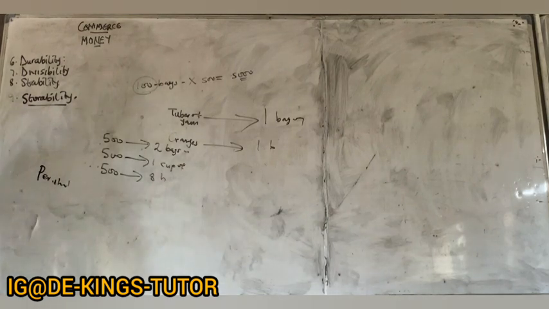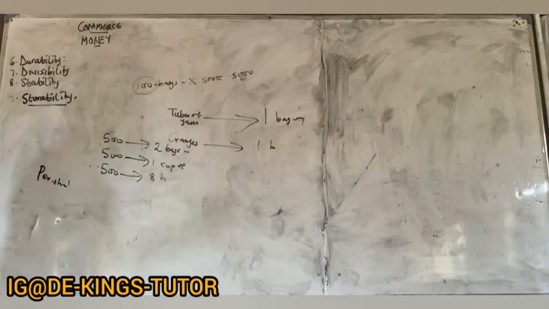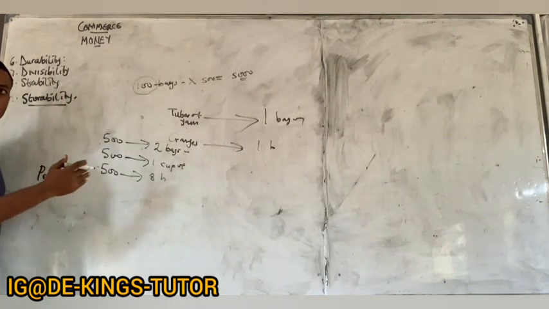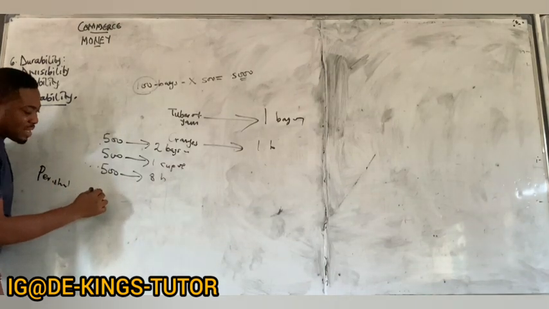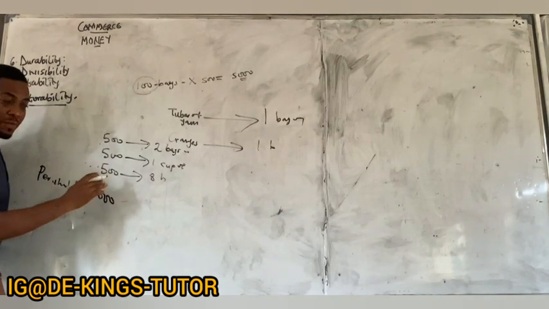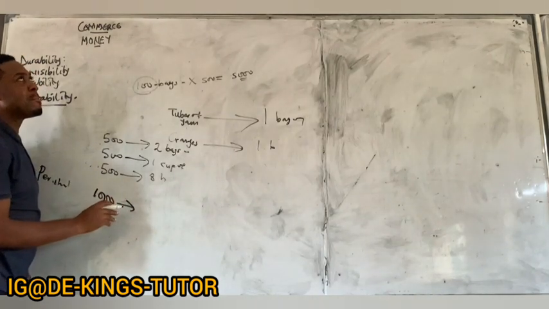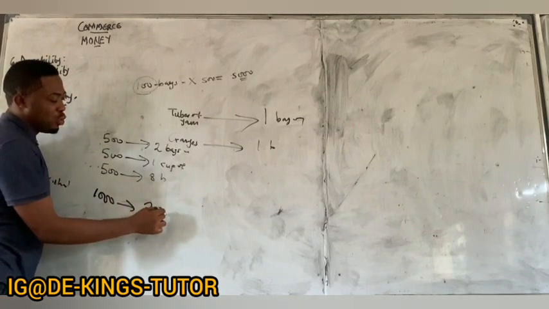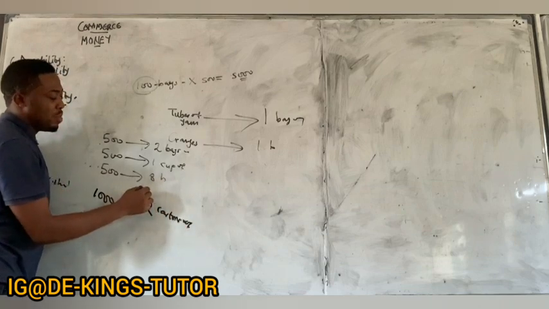Now, remember I said money should be stored for a long time and should not lose its value. Storage means you're saving it. Now if you save 1,000 naira, and there is no inflation, this 1,000 naira can buy, let me say, 2 cartons of Indomie, if the carton of Indomie is 500.